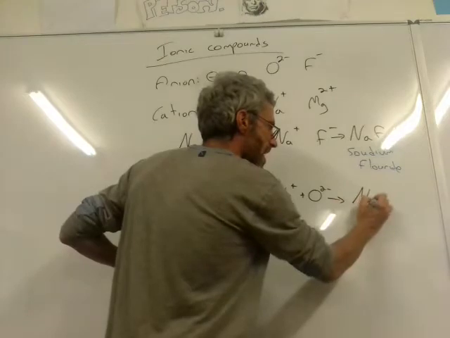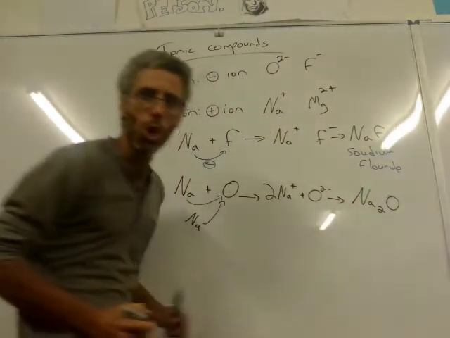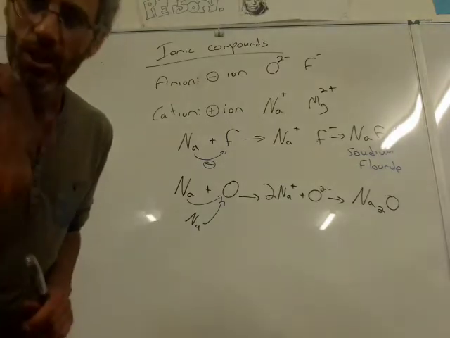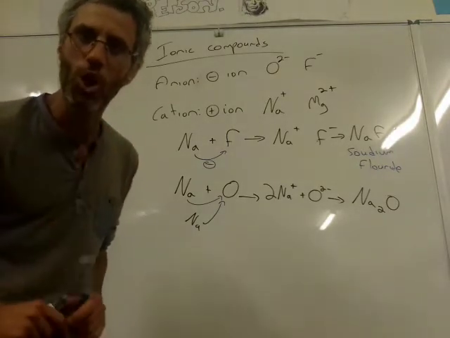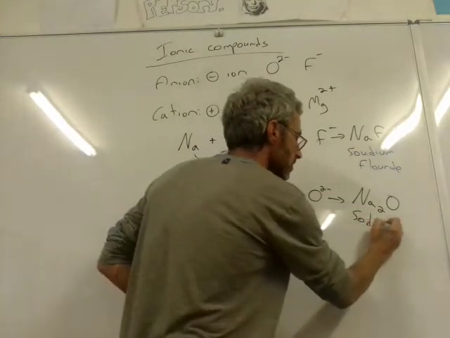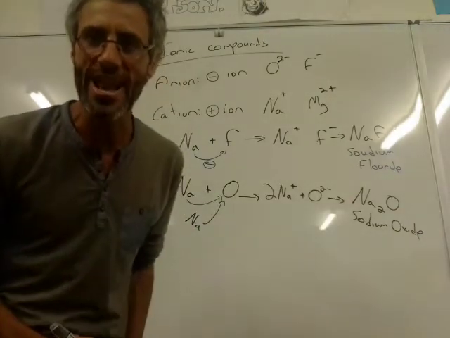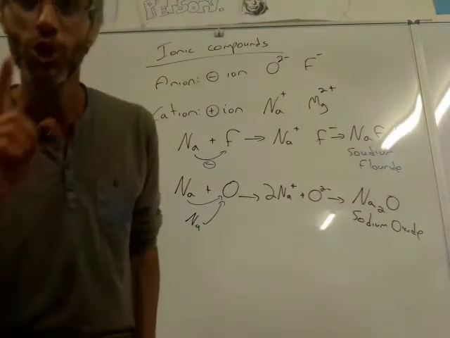It's not going to be NaO, it will be Na2O, because we have 2 sodium atoms on 1 oxygen. So sodium oxide is not going to be NaO, it will be Na2O.